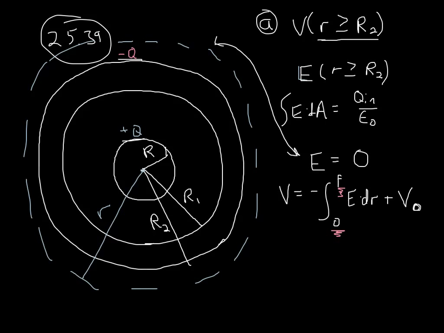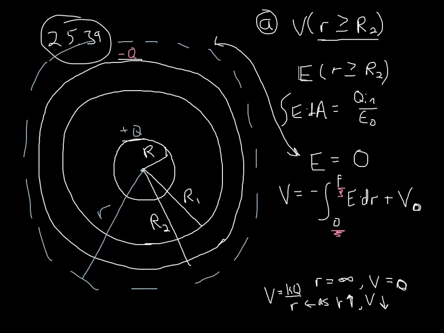For a charge distribution like this, in general, the potential of a charge, V, is equal to K times Q over R. So as R increases, the potential decreases, and if we go to R equal infinity, then our potential becomes 0. So this is a good reference point to choose: the potential is 0 at infinity.